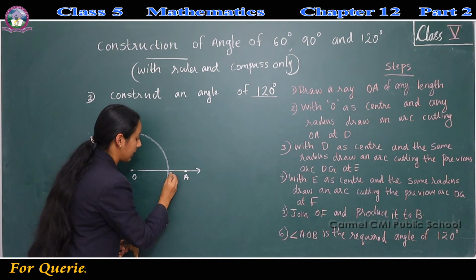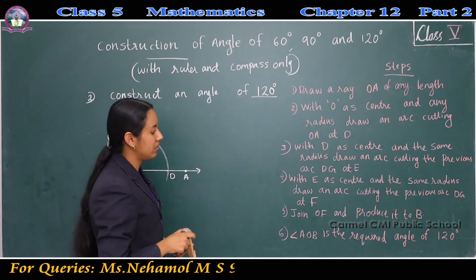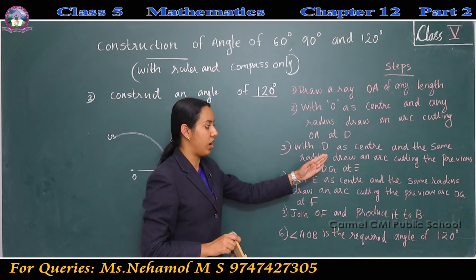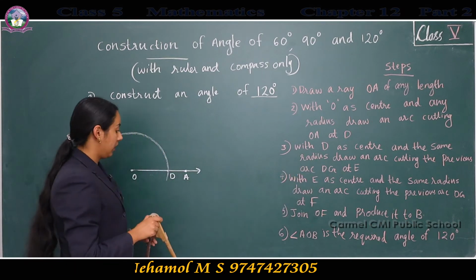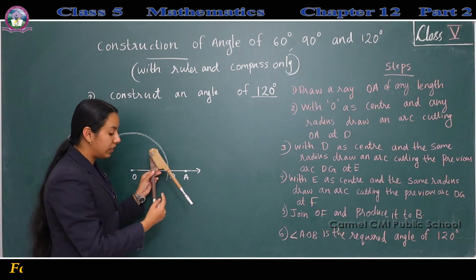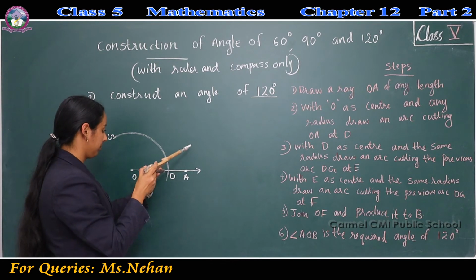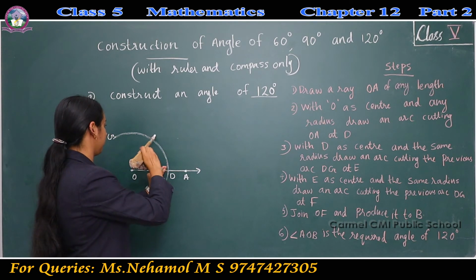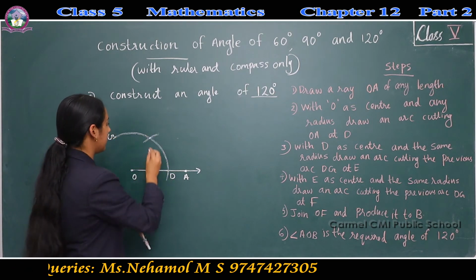We can name this point as D and this end as G. Then next step, with D as center and the same radius, draw an arc cutting the previous arc DG at E. With D as center, we have to draw another arc with the same radius. Then mark this point as E.